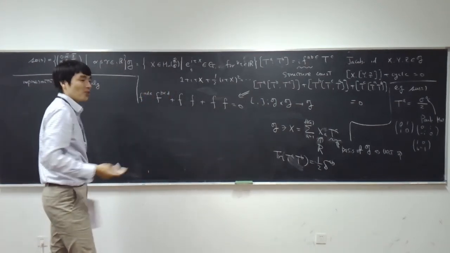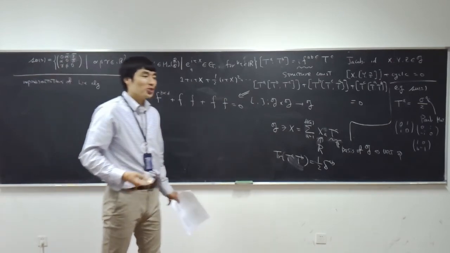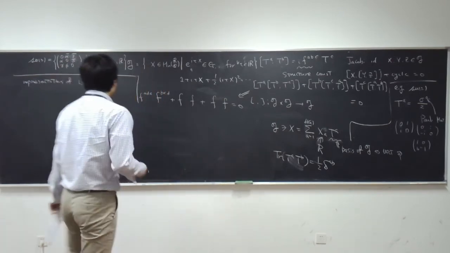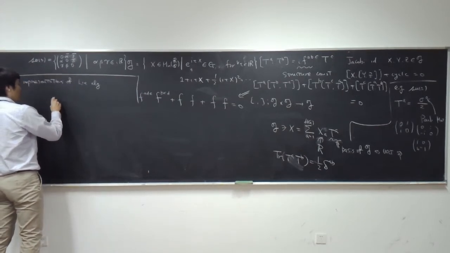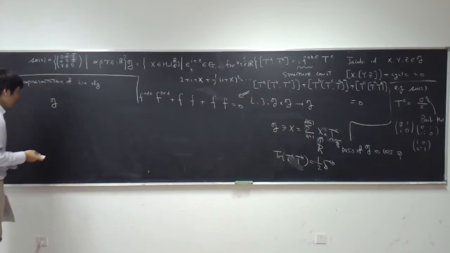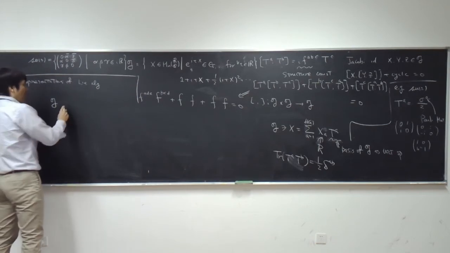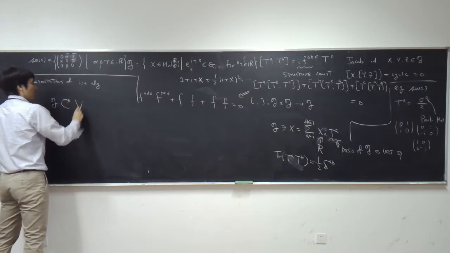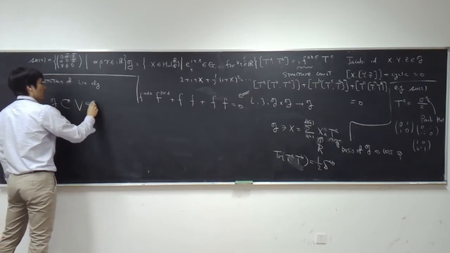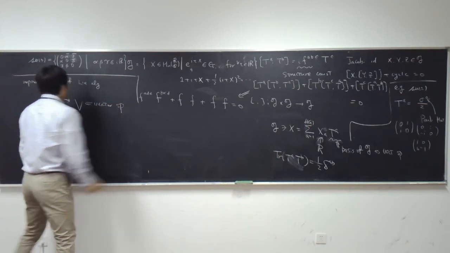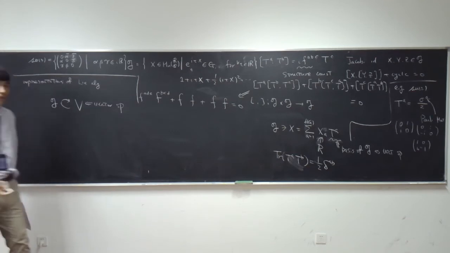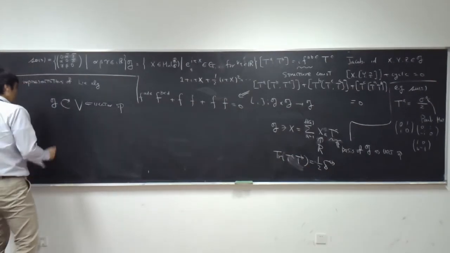So I'm not going to go into detail, but I'm going to introduce the most important ones. For a representation of a Lie algebra, you have a G that acts on some vector space, as a matrix.